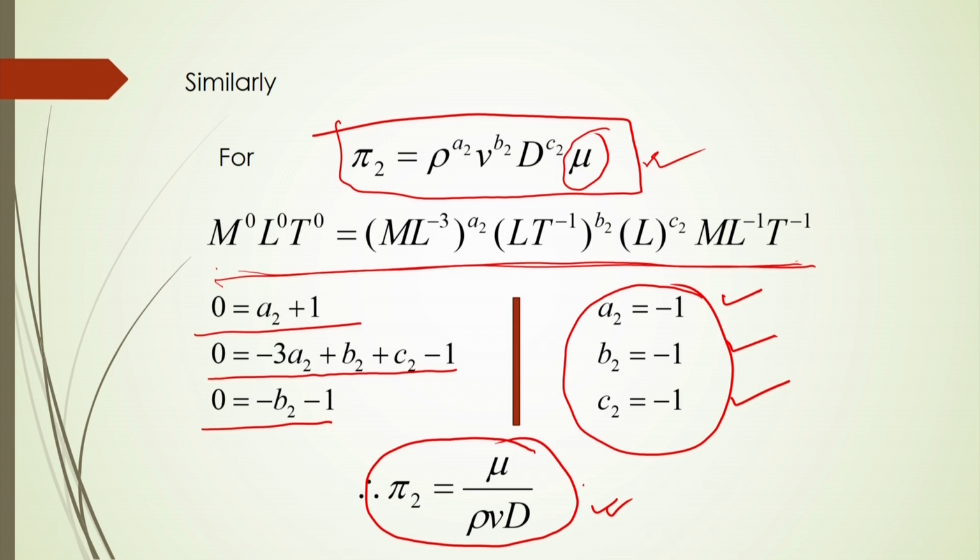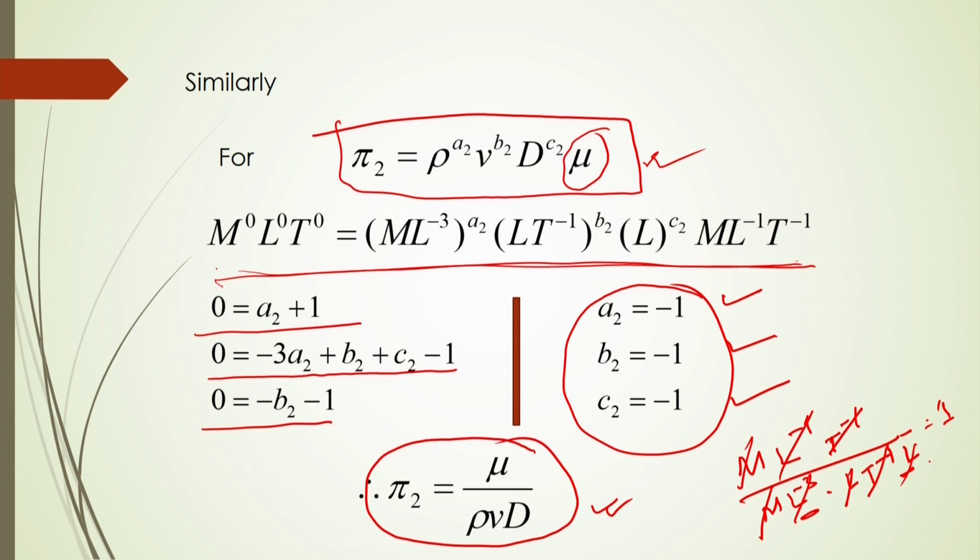Very simple, you can see it is dimensionless, because mu is M L to the power minus 1 T to the power minus 1, whereas rho is M L to the power minus 3, V is L T to the power minus 1 and d is L. You see M is cancelled out, L to the power minus 1 and here L to the power minus 3 and L cancel out, and T to the power minus 1, T to the power minus 1, ultimately it is coming 1, that is, there is no dimension. So, we have this dimensionless group phi 2 as mu by rho V d.